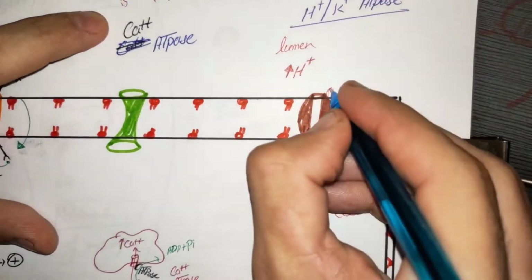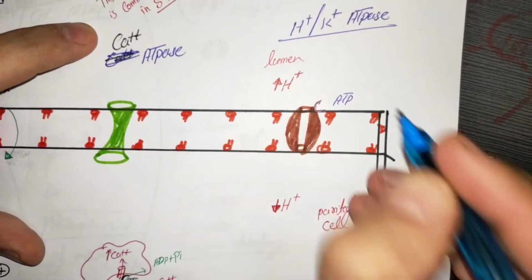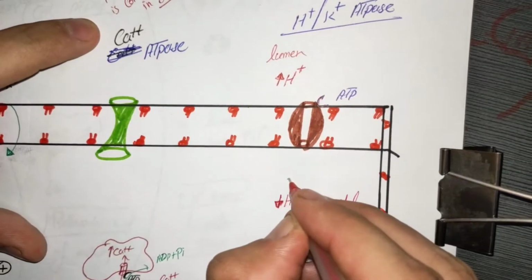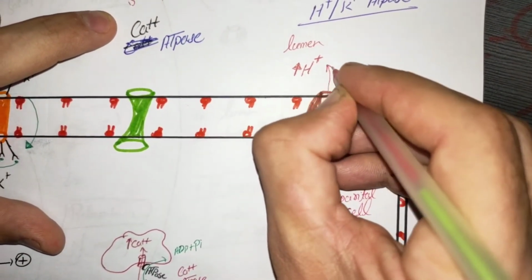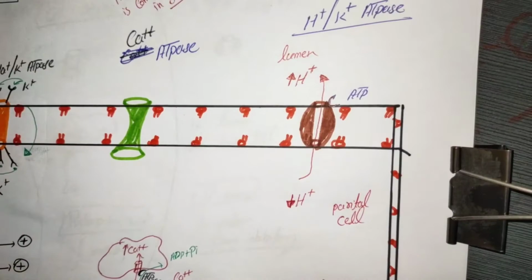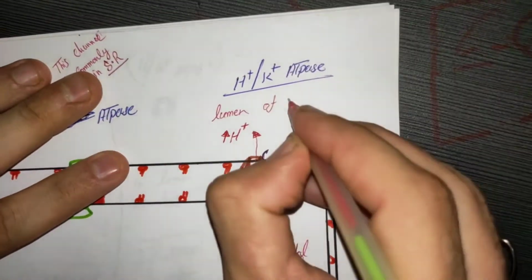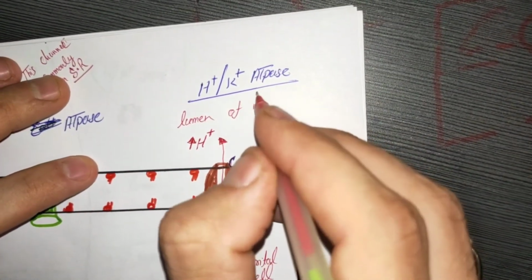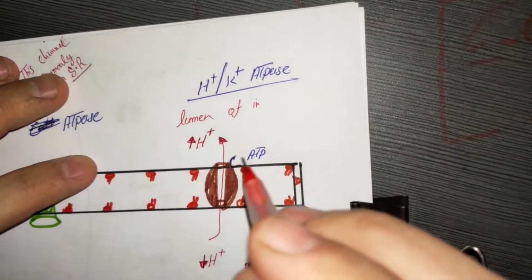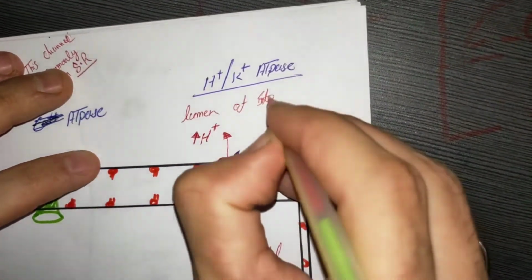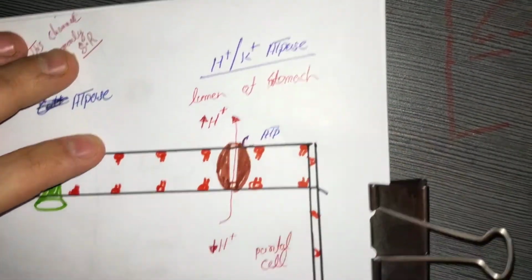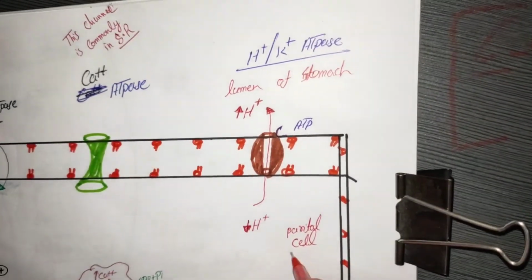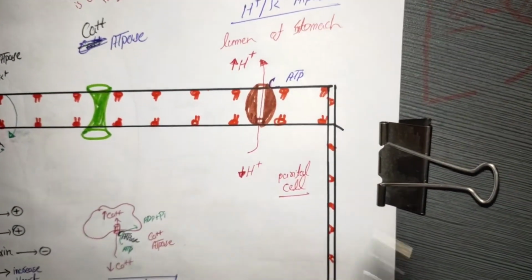As we know, we have more proton in the lumen of stomach, and we have less proton in the parietal cell, or the cell of the stomach. So when the proton goes from the area of low concentration to the area of high concentration, it requires to utilize ATP.